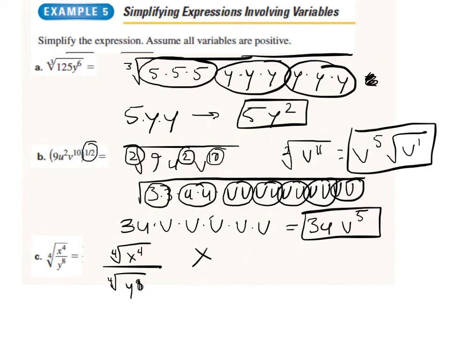It's undoing it. It's like taking the square root of x squared. Underneath here, remember what I said? You can take this exponent and divide it by the index that's out here. Well, I'm going to do that in this case. So 8 divided by 4 is 2, and there's no remainder, so I don't have to have any root left over. So I just have y squared, and I have my answer. Okay?